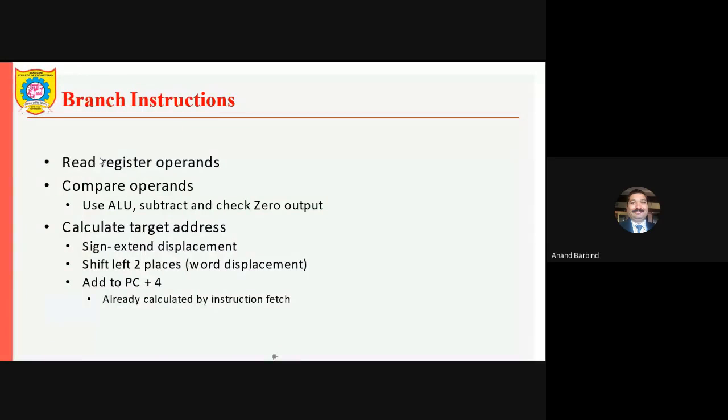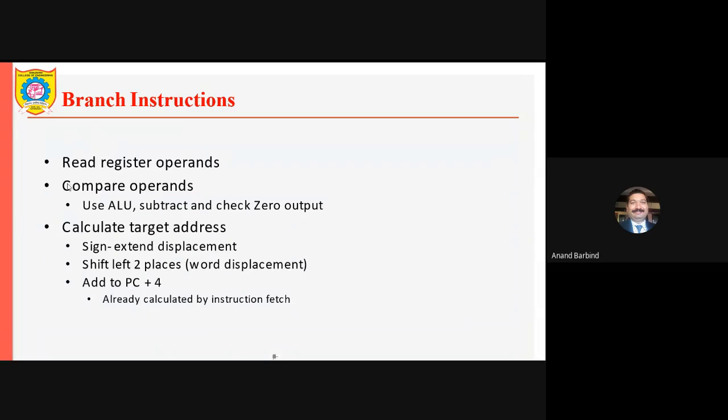So in the branching instruction, registers are required to be read, because the branch instruction may be a conditional branch instruction, and after comparison of some operands which are stored in the registers, the branch will take place or it may not take place. So depending on the result of the comparison, the branch will take place or not.